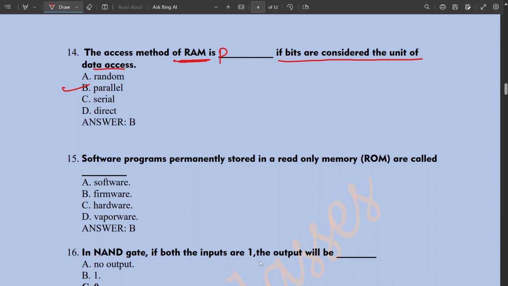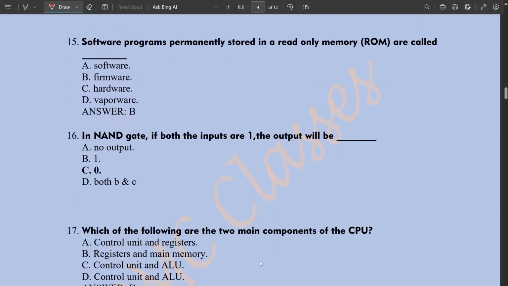RAM is parallel if bits are considered the unit of data access. Next, software programs permanently stored in ROM are called what?